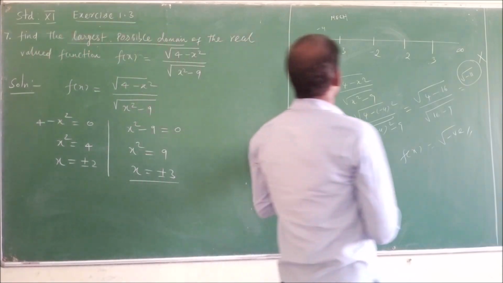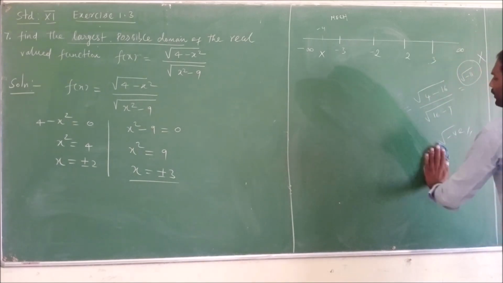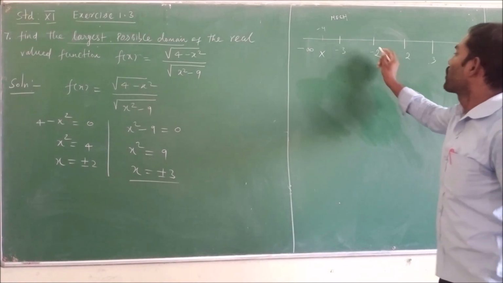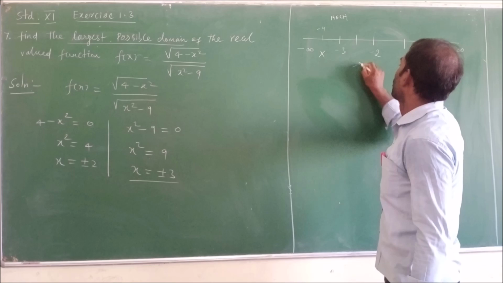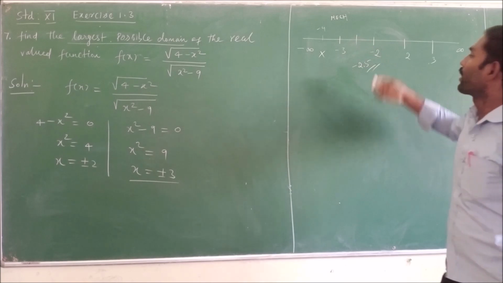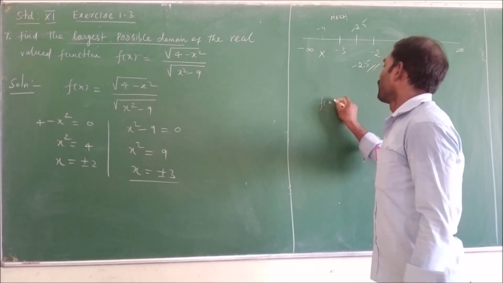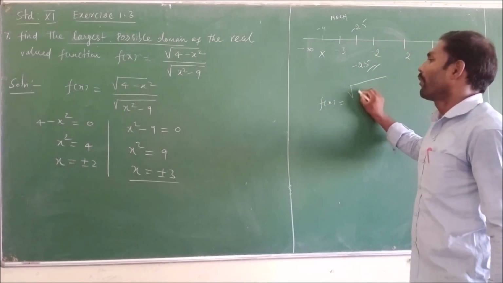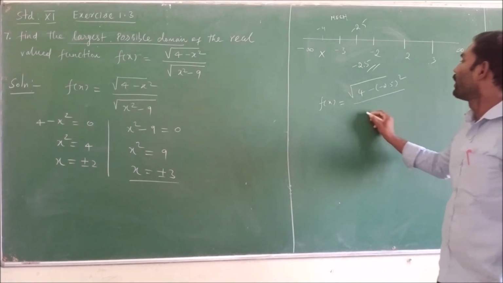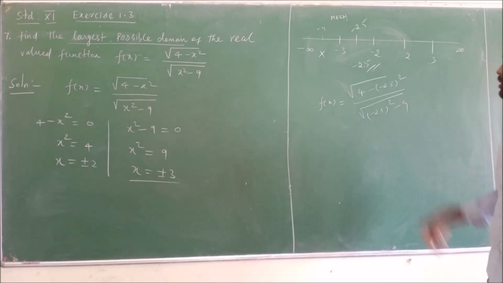The second one is the interval from minus 3 to minus 2. Let us take minus 2.5 for this interval. Replacing x by minus 2.5, f of x equals square root of 4 minus (2.5) whole square, divided by square root of (minus 2.5) whole square minus 9.